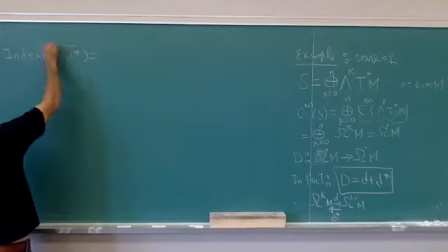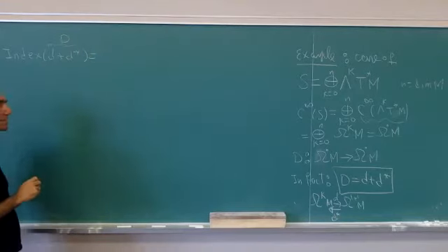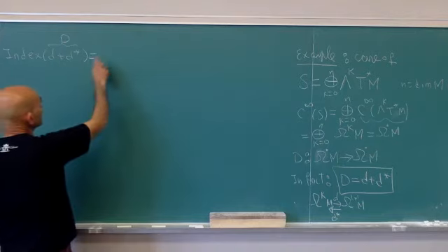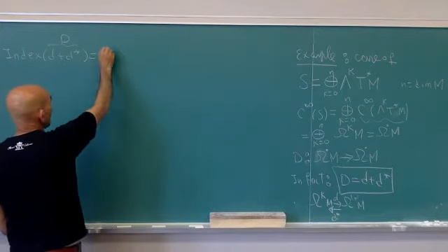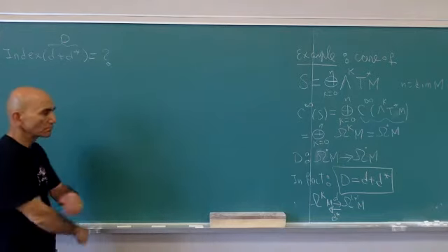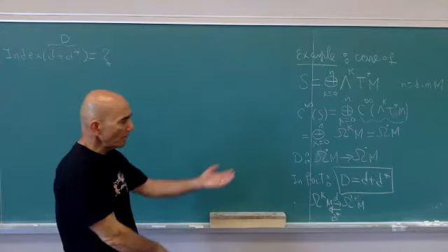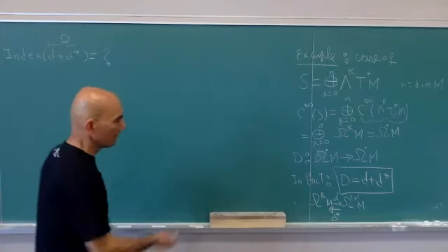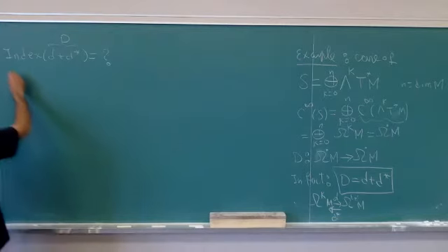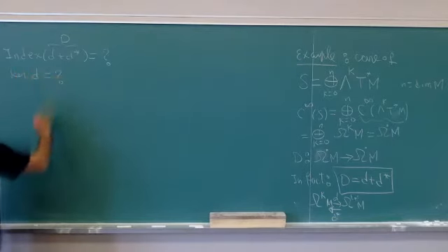So this is my D now, the Dirac operator in this case. What is the index of D in this case? Well, what is the kernel of D? Let's compute.